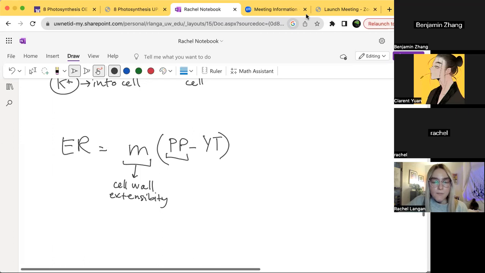And then the yield threshold can also be changed by how flexible the cell wall is. So again, expansin proteins might affect that. But I wouldn't worry too much about changes to this equation for the test.